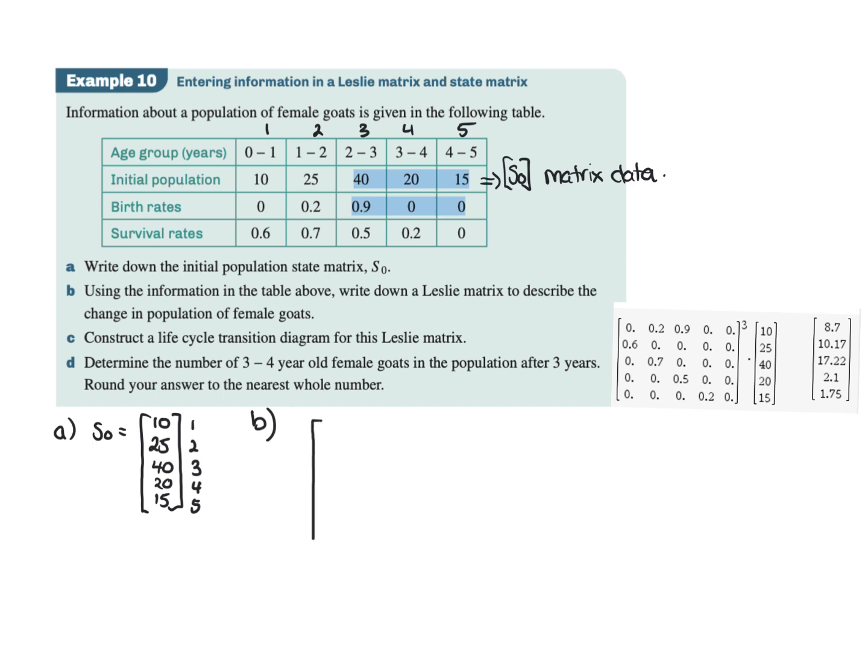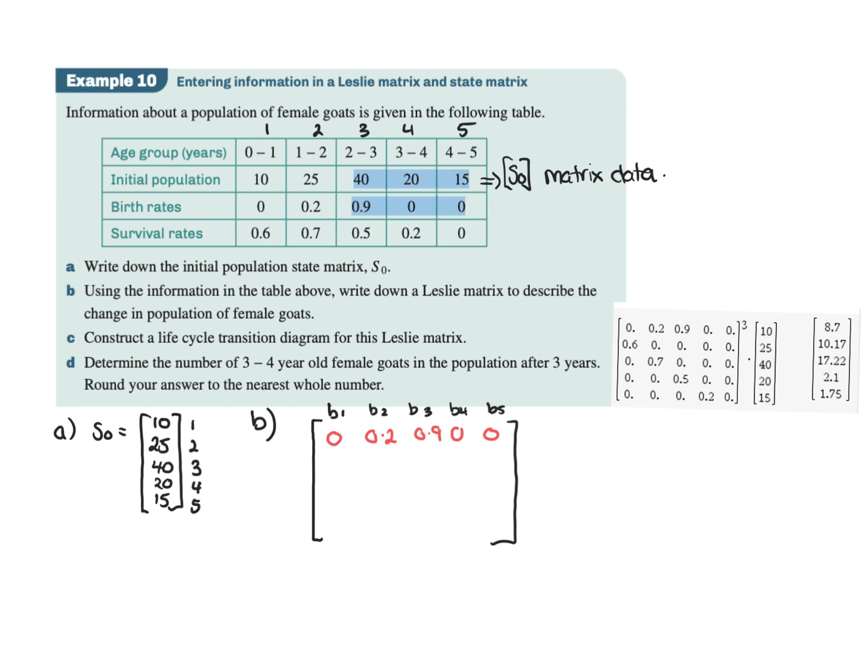So you remember, you're going to have a 5 by 5. So you've got birth rate 1, birth rate 2, birth rate 3, 4, and 5, and then you go down like that. I'm going to do the birth rates in red. So 0, 0.2, 0.9, 0, and 0. Then I'm going to do my survival rates in blue.